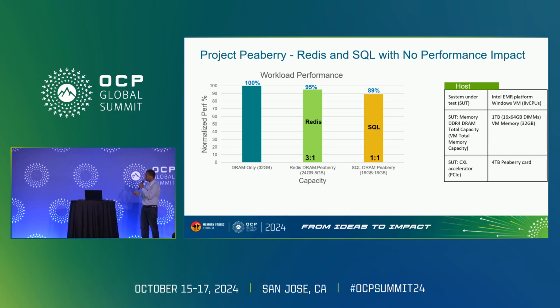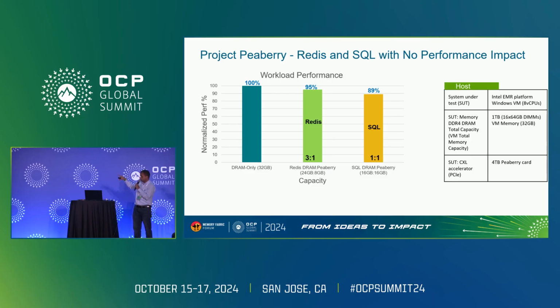Next, let's look at some more workloads, right? The leftmost represents a normalized DRAM performance, and the middle one is a Redis workload performance. So what this is showing is compared to the normalized DRAM, obviously it's the highest performing item here.